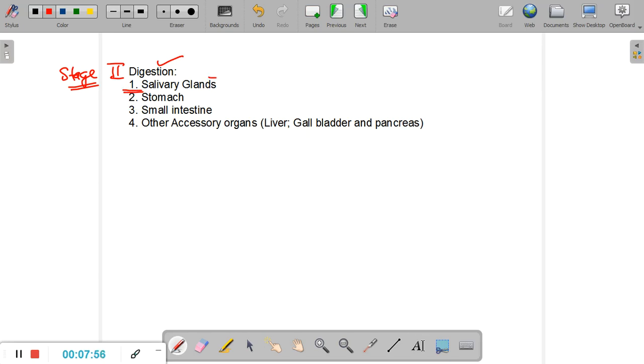I hope you remember salivary glands. I hope you remember also the term accessory organs of the digestive system. Accessory organs, just to recall, are those organs of the digestive system which do not come in contact with food directly.